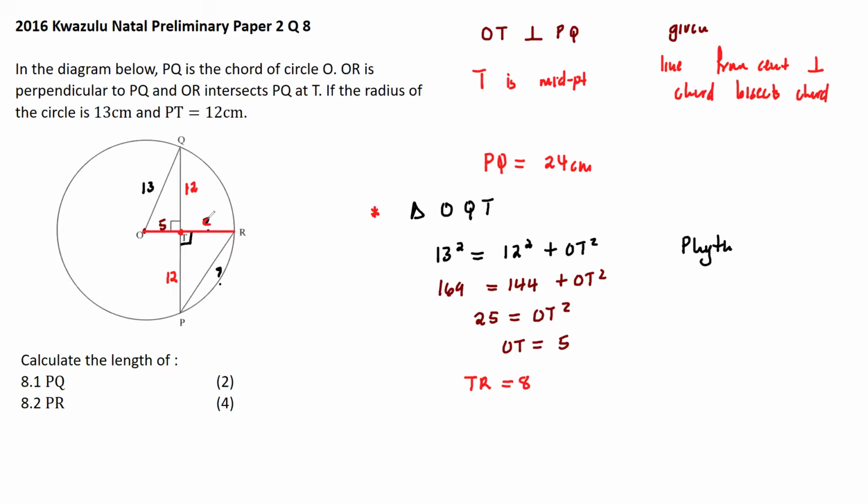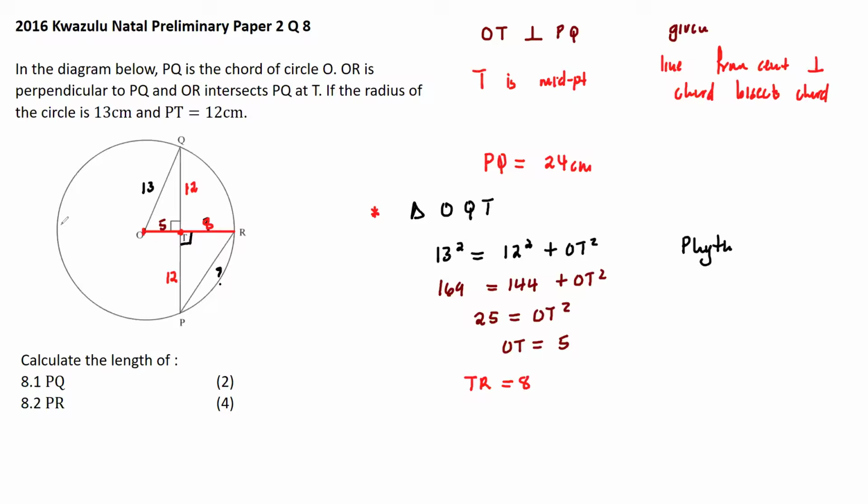Look at it: from O to T and from T to R, I must give you 13, which is the radius. OT, we found it as 5. So TR is now 8.